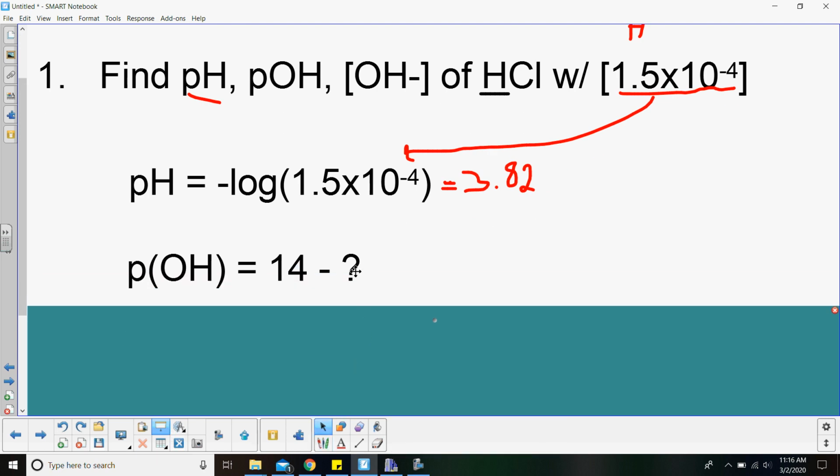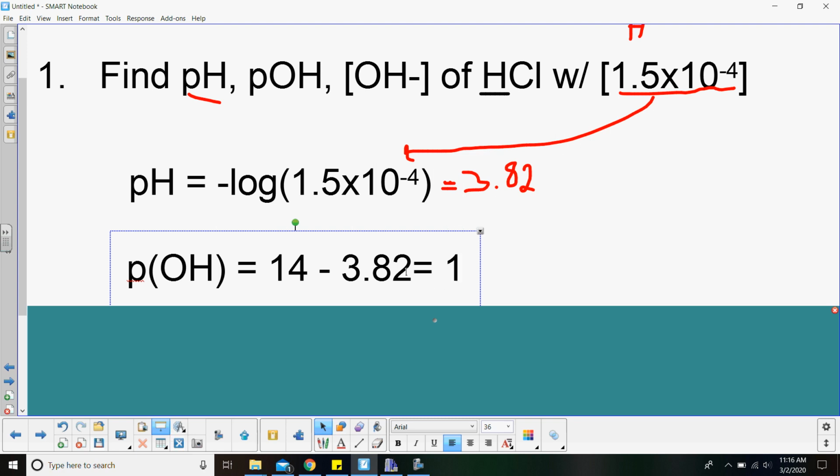So we take 14, you subtract the 3.82 to get our value of 10 point. And depending if you want 3 sig figs or 2 sig figs, I'll do more than that just to show everything: 10.18, and that would be our pOH value.